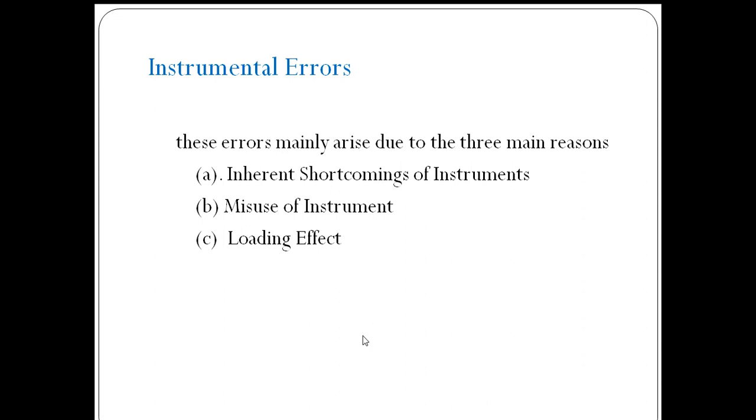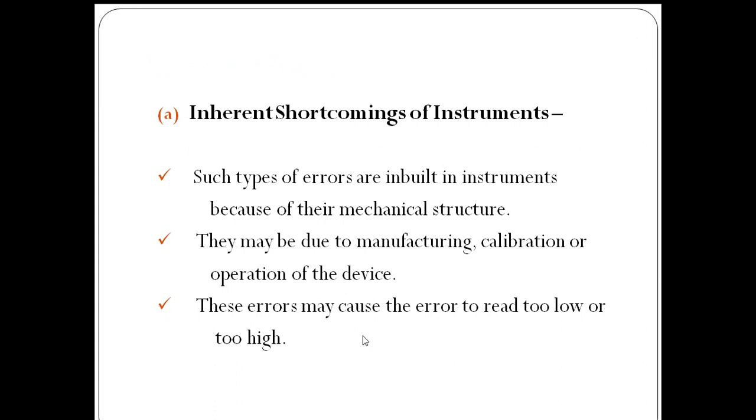Suppose you are measuring 45 volts, you have to choose a rating of 0 to 50 volts instead of 0 to 100 volts. Due to aging also, the readings may not be accurate, so we have to properly calibrate the existing instrument.